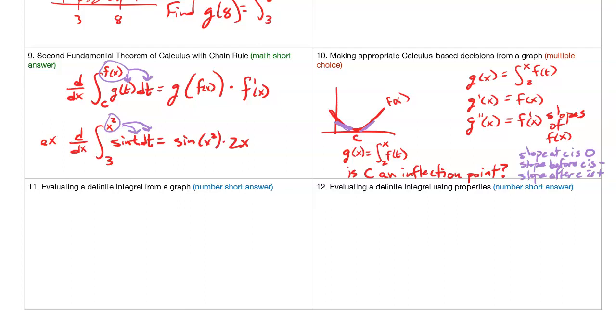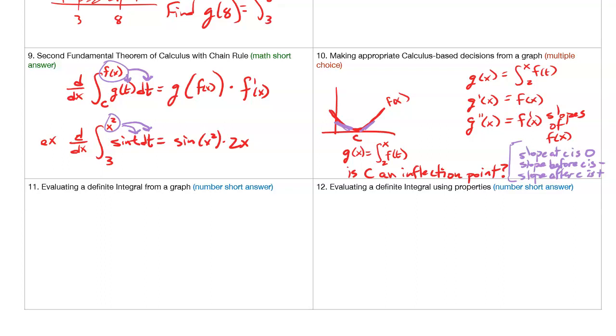And that's because, according to the picture, g double prime is equal to 0 at C. g double prime is negative before, g double prime is positive after. So what I'm writing in purple is calculus-based justification to make a decision. So that's kind of what 10 is going to be like.